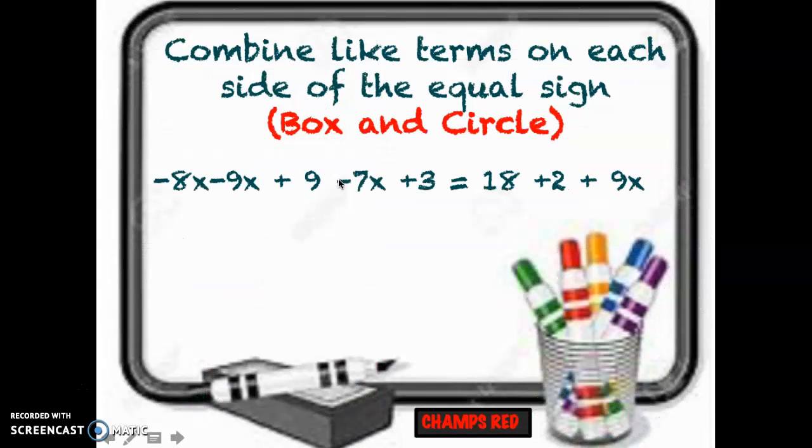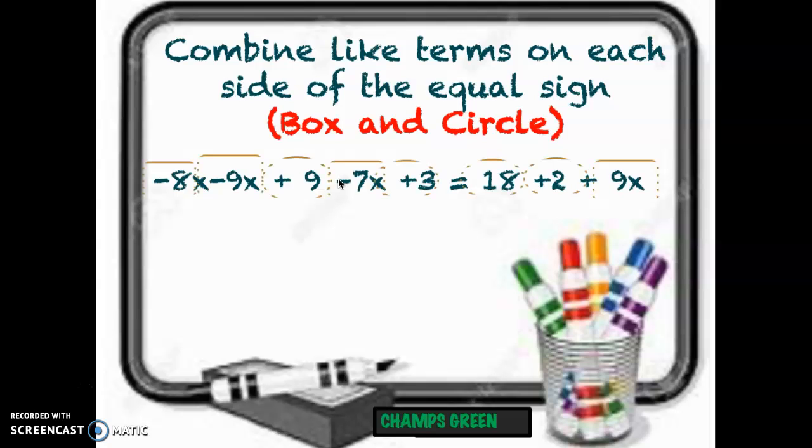Let's try one more. In this case, go ahead and pause. Try this on your own. Box the variables with the operation in front and circle the constants. When I do so, as you can see here, I have 1, 2, 3 variables, 2 constants, and then here I have my 2 constants and my variable.